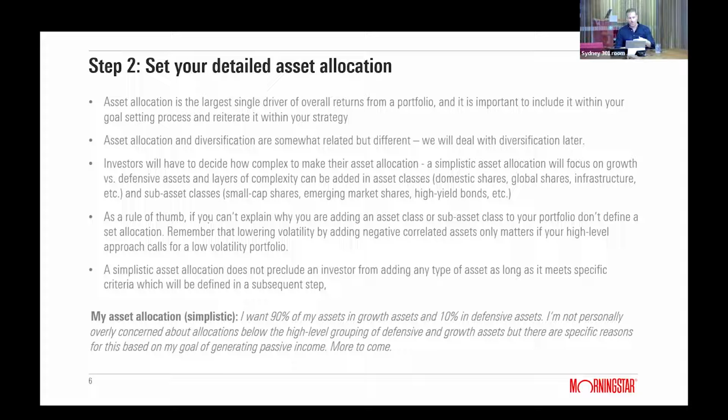So we have to think about what we are trying to achieve and how it is helping us achieve our goals by getting more complex with our asset allocation. And that doesn't mean that if you take a simplistic approach that you can't invest in those types of assets. A very simple example, and we're going to set criteria later for picking assets, is if I'm looking to generate income from my portfolio, I can get very specific with the types of companies or ETFs I want to buy.